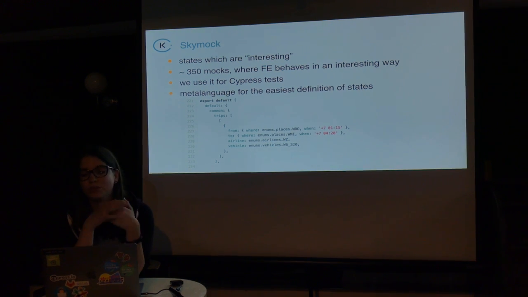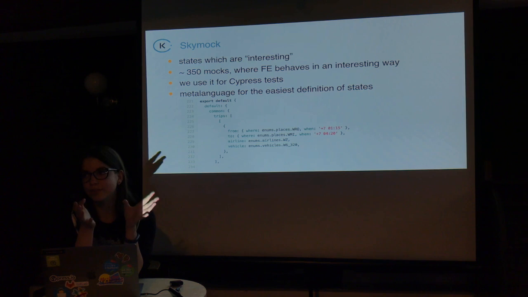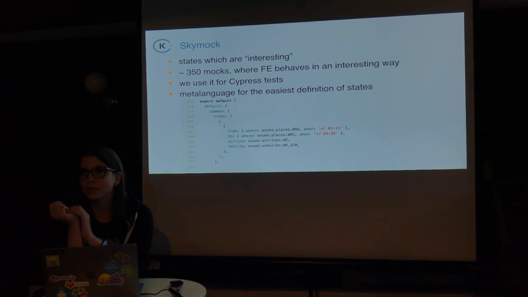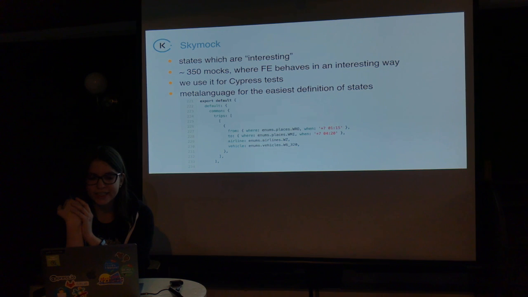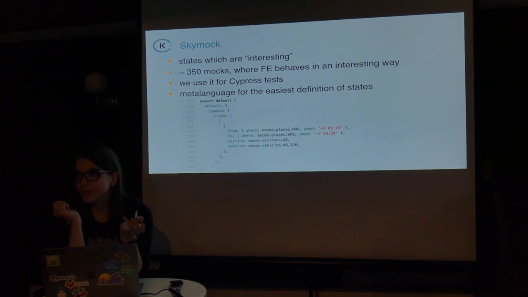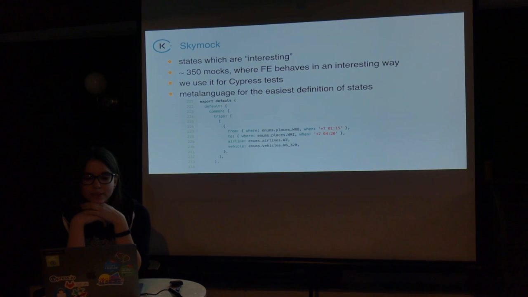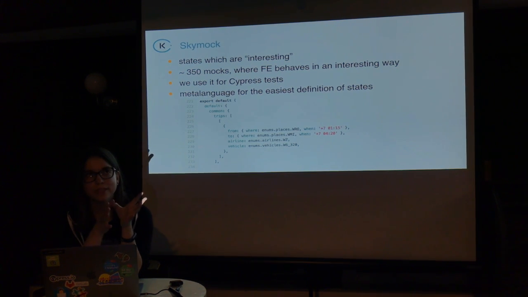We use it also for Cypress tests. As I said, we are currently learning, devs are teaching us how to write tests in Cypress. It's similar to Selenium. And we run these tests on mocks, not on production. And it is written in kind of meta language for the easiest definition of states.